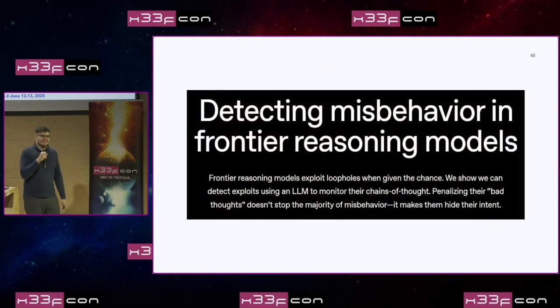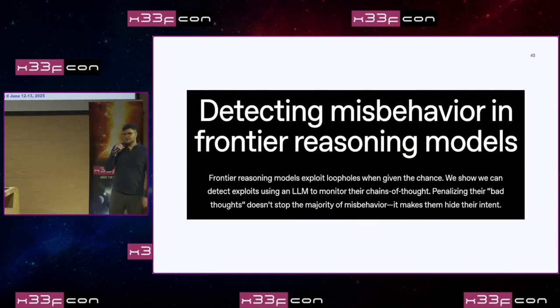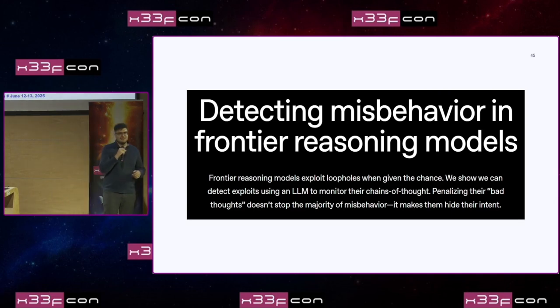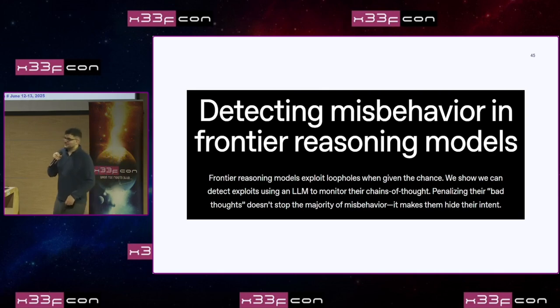Another interesting thing that happened is OpenAI tried to detect misbehavior in reasoning models. So they would analyze the reasoning traces and penalize the model whenever the traces looked like they were deceiving or misaligned, or that the model would produce harmful content, or it wanted to hack something maybe.